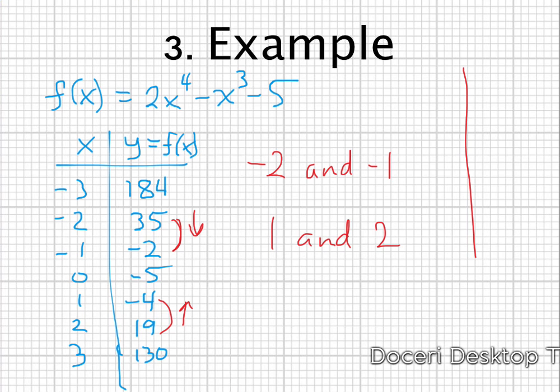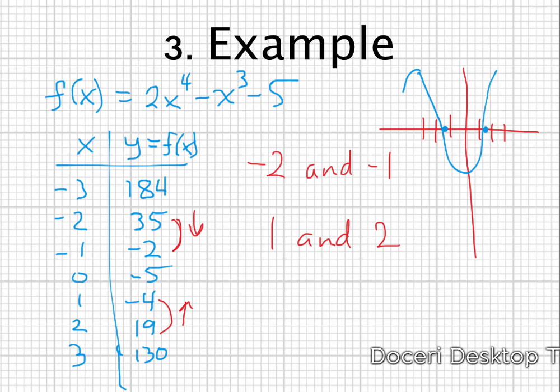So if you were to graph this, you would have your graph somewhere between negative 1 and negative 2. It doesn't really matter where. And between positive 1 and positive 2, there's a 0. So your graph would go something like this. Okay?